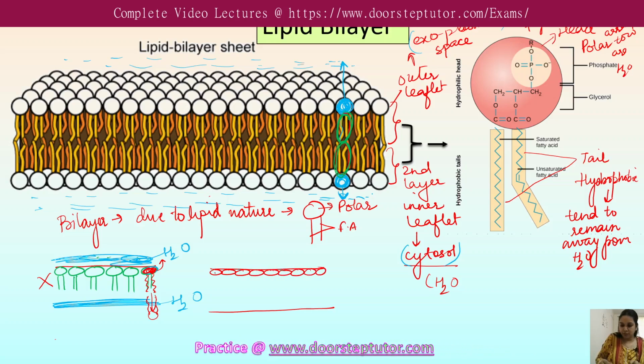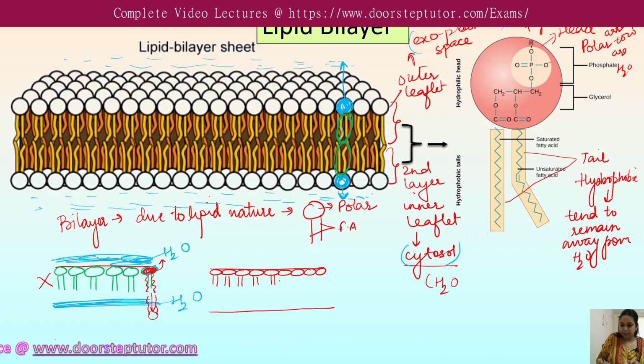The first layer of the lipid with its tail, and the second layer of lipid with its tail.